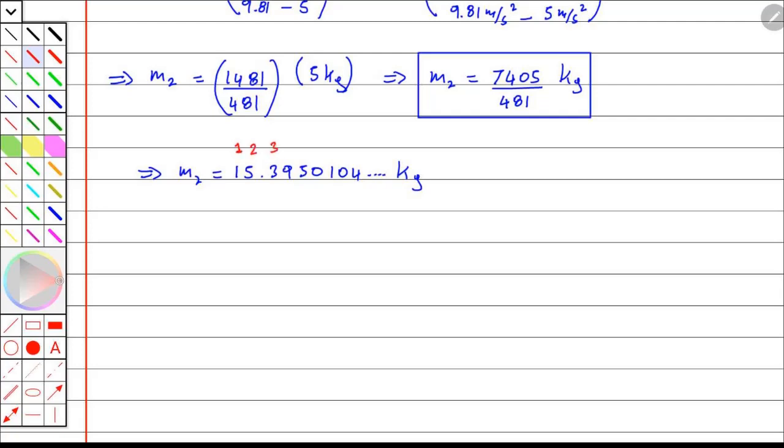We reached the 3 significant figures, and after that we see the next figure, which in this case is 9. So since 9 is greater than 5, it means that we can discard everything from this side forward and make that 3 into a 4. So our M2 in 3 significant figures is going to be 15.4 kilograms. And this is our answer.